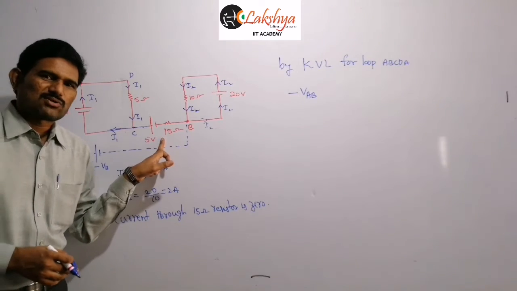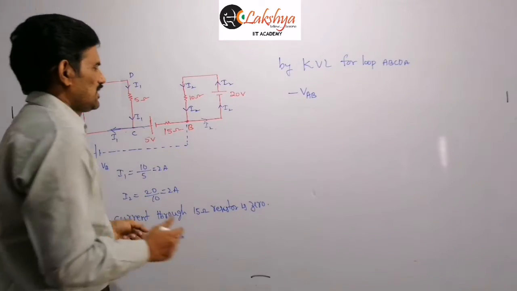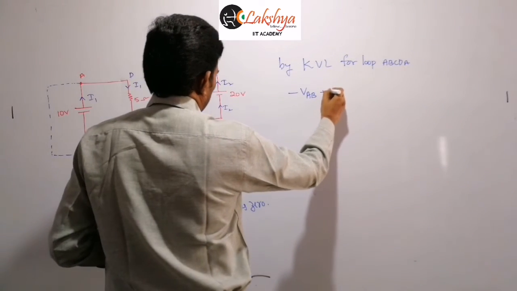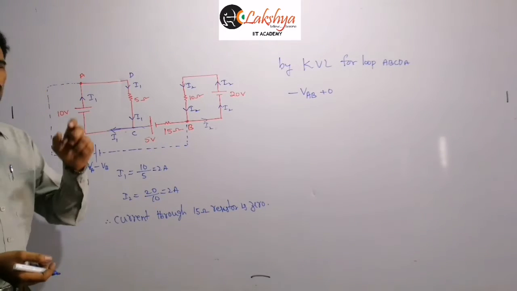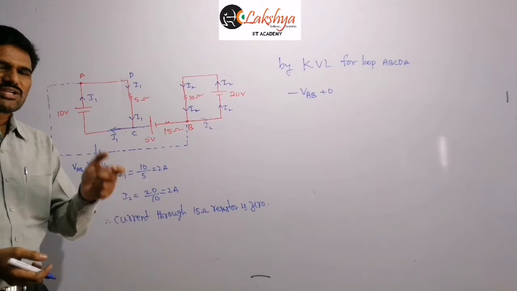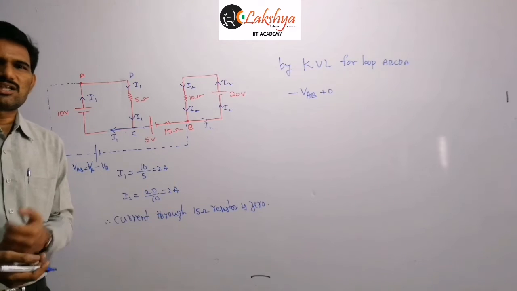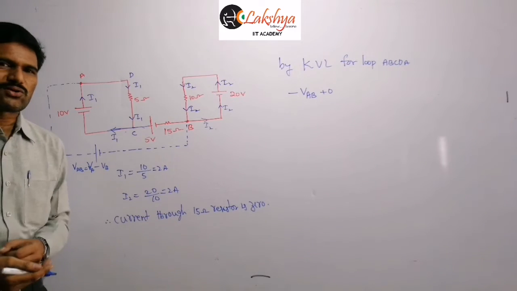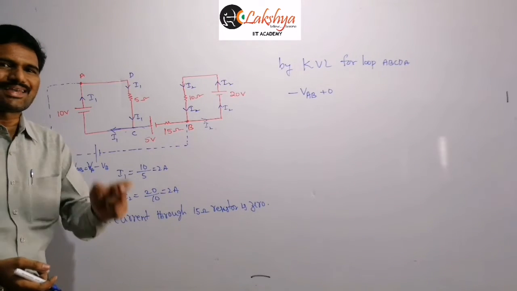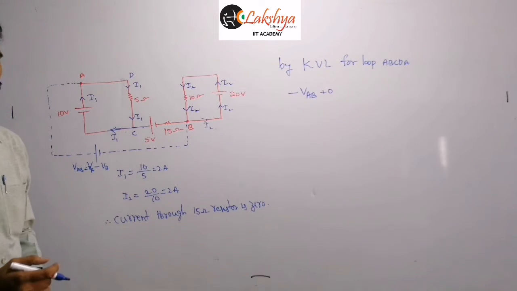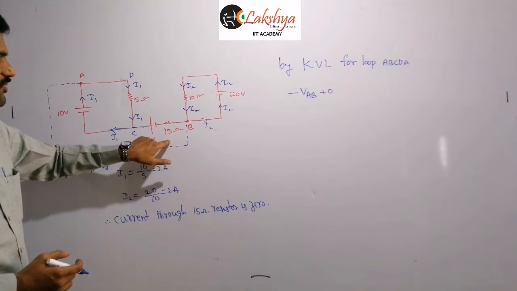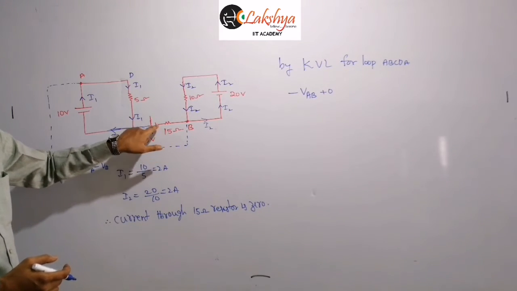Potential difference across 15 ohm resistance is 0, right? Because no current is there. Across a resistance, potential difference will be there only when current is flowing through it. Potential difference across the resistance is always given by IR. When I is 0, then automatically the potential difference across that resistance will be 0.